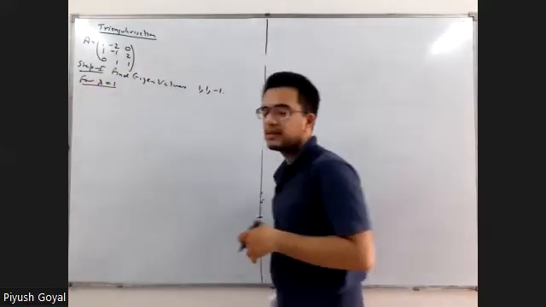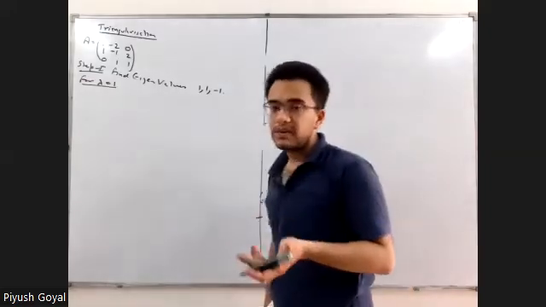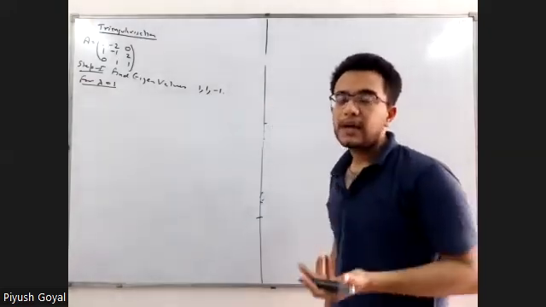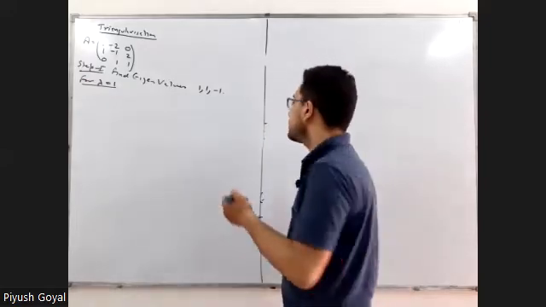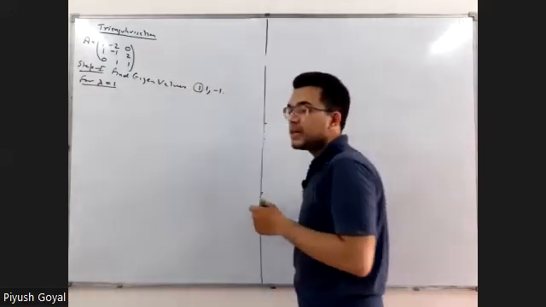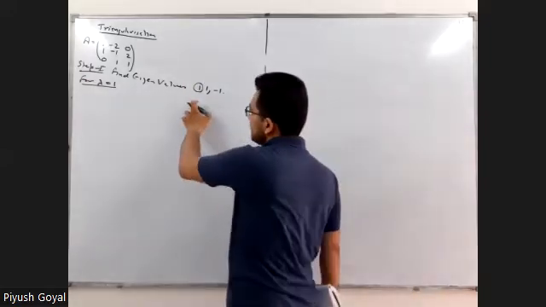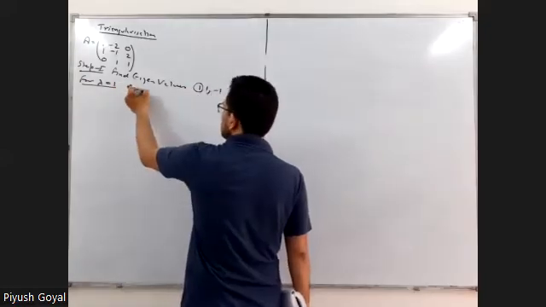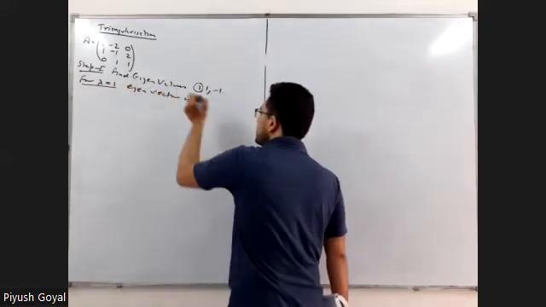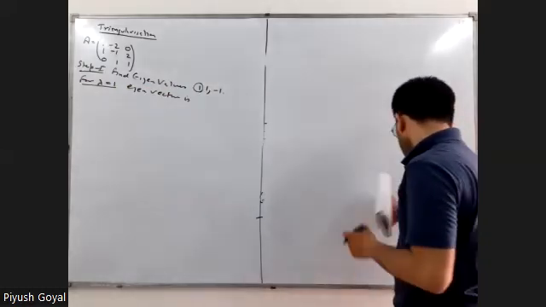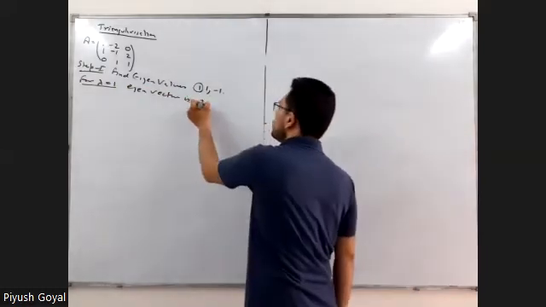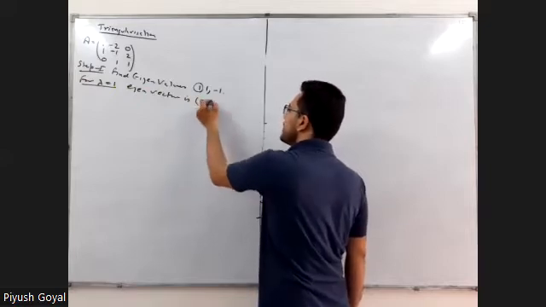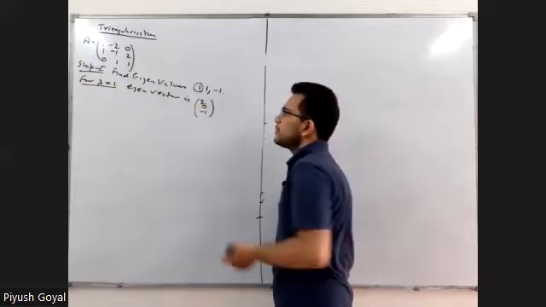You can take lambda equal to minus 1 also, but always take that eigenvalue which has algebraic multiplicity more than 1. Okay, it will be easy to do with that eigenvalue. For lambda equal to 1, the eigenvector is given to be 2, 0 and minus 1. Doesn't matter, 2 0 and minus 1.